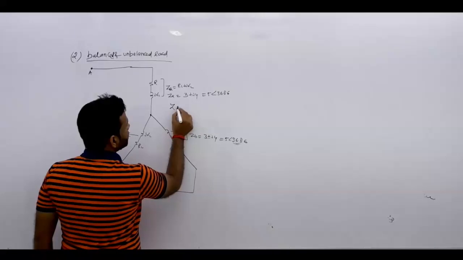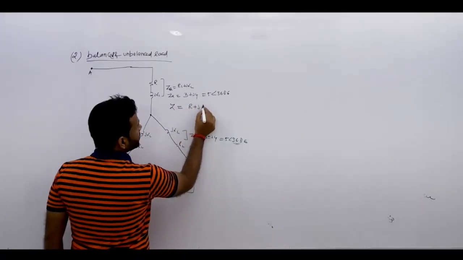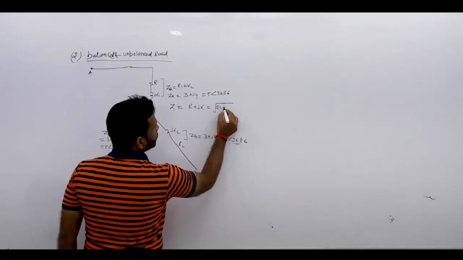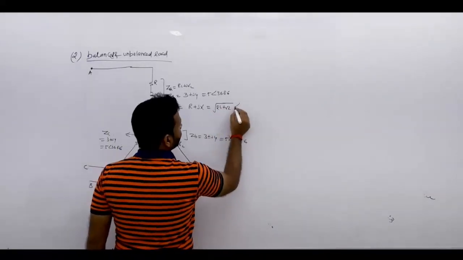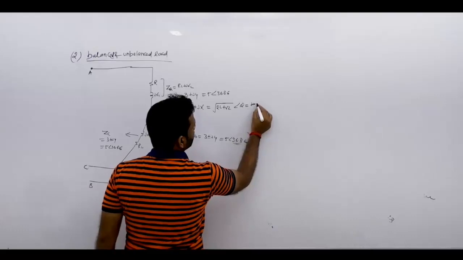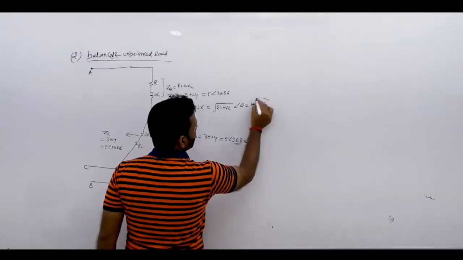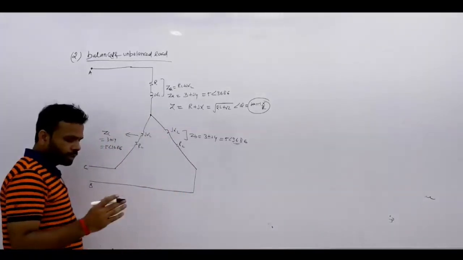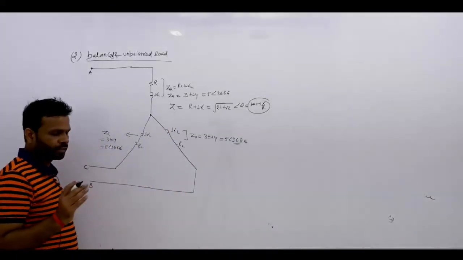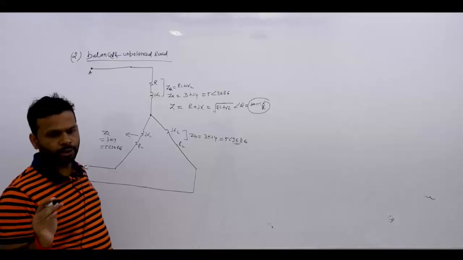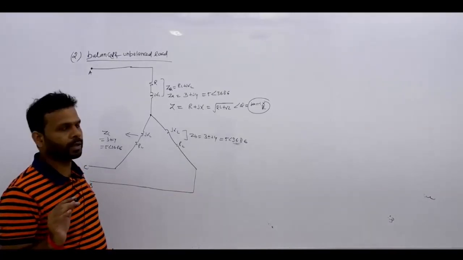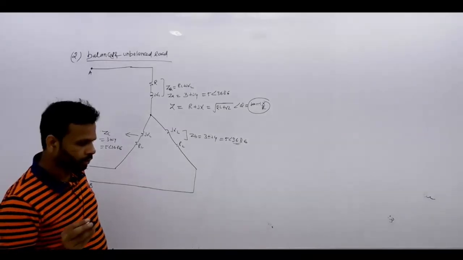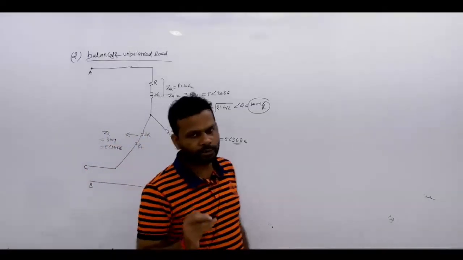So Z is equals to R plus jX, then mod Z is equals to square root of R square plus X square, and phi is equals to tan inverse X by R. And tan inverse X by R means what? Same angle. So a load is said to be balanced when each phase is having same magnitude as well as same angle or same X by R ratio. So it is the definition of balanced load.